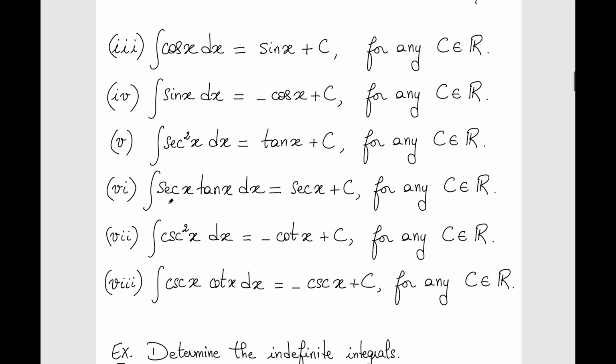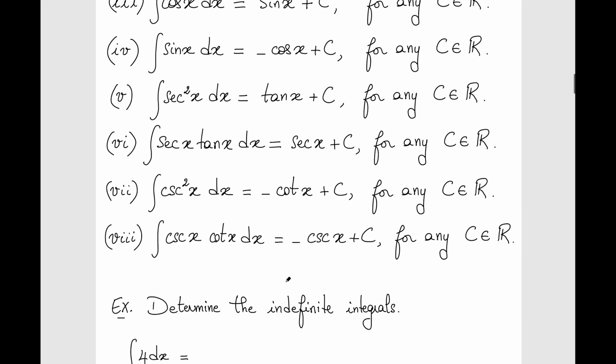What's a function that once you differentiate it, you get sec x tan x? Well, that's secant. Add a constant, you pick up the most general one. Primitive of cosecant squared is negative cotangent of x plus an arbitrary constant. And lastly, the primitive of cosecant times cotangent is negative cosecant of x plus a constant for the same reason. If you differentiate this side, you're going to pick up this side.